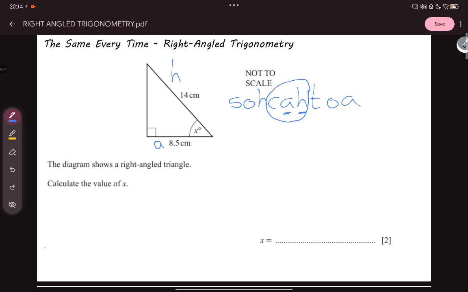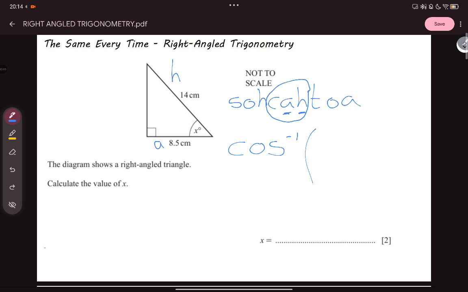And since we're finding an angle, we have to use what we call the inverse cosine. So cosine with a little -1 like that. A lot of people call it the shift cosine, or when we're using sine, shift sine or shift tan, but that's not the actual name. It's called the inverse cosine. But you do have to press the button called shift if you're using a Casio calculator.